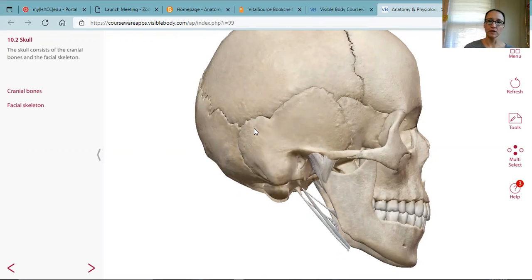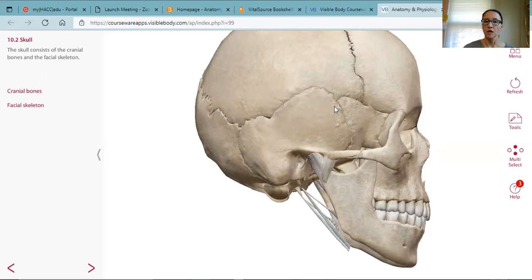And the temporal bone is separated from the occiput and the parietal bones. And this is the sphenoid. So here's another place where we can see the sphenoid. The parietal bone is separated from all of those by the squamous suture. So this suture right here is called the squamous suture.